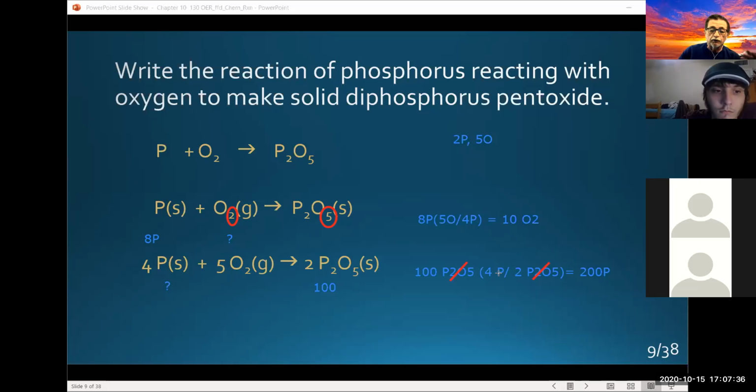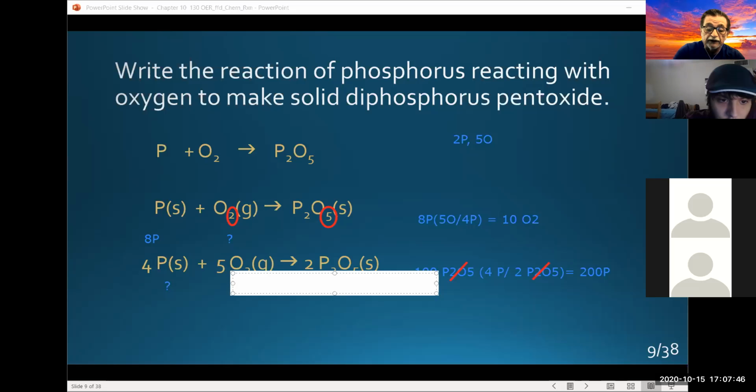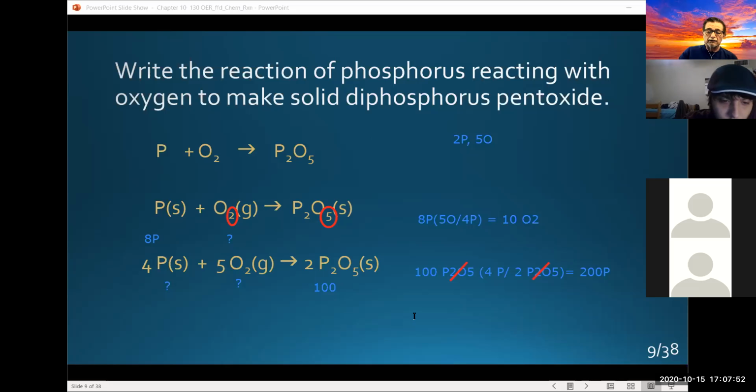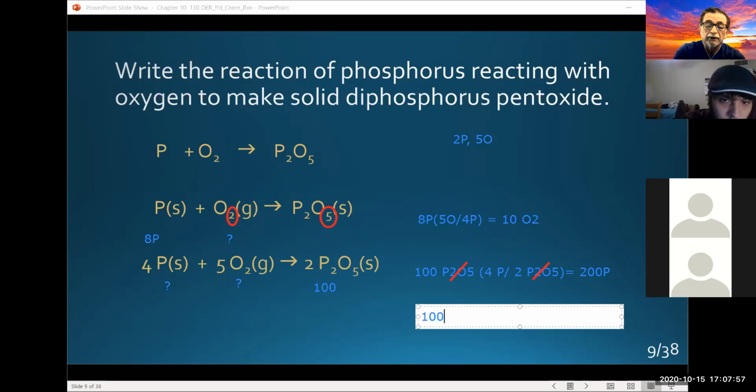Now, I could have asked the question, how much oxygen do I need if I start off with 100 P2O5? Well, it's the same setup. Okay. I've got 100 P2O5, and then I need 5 O2s. That's my ratio, correct?